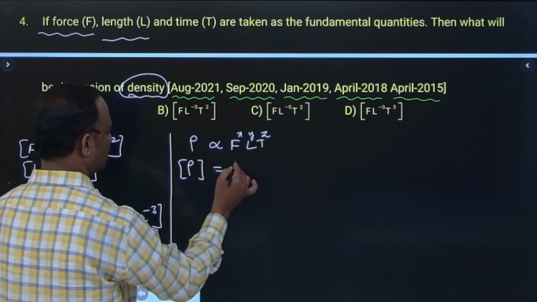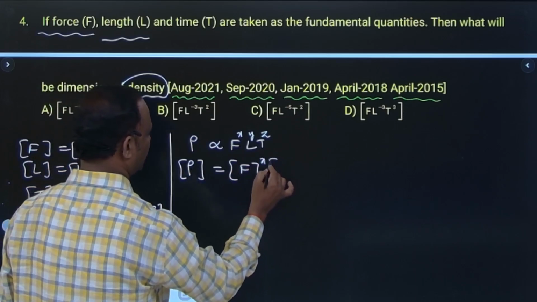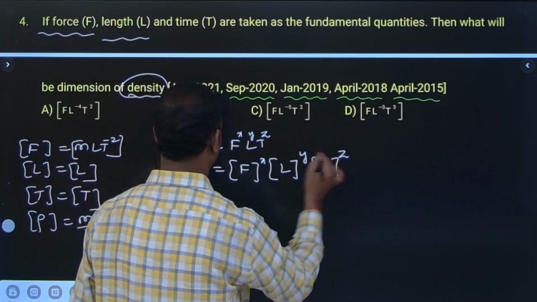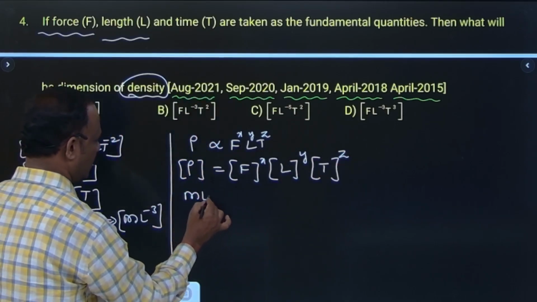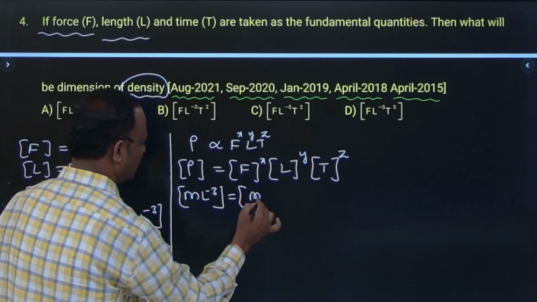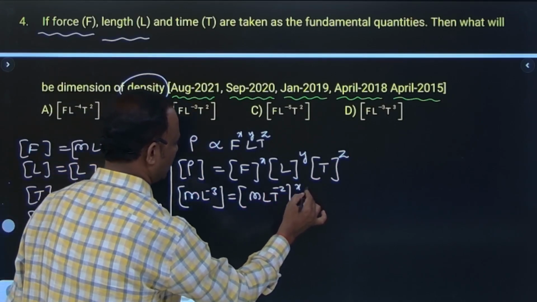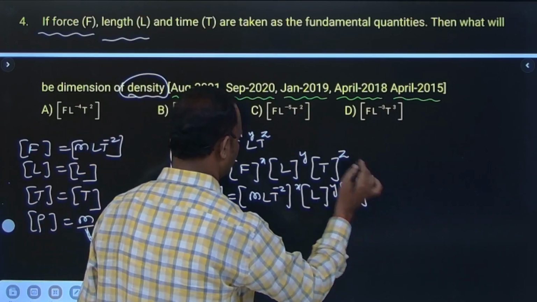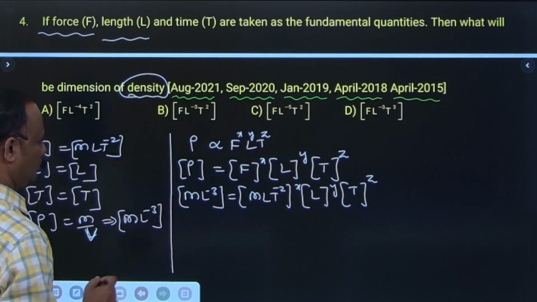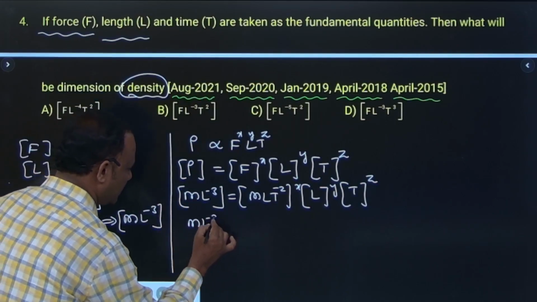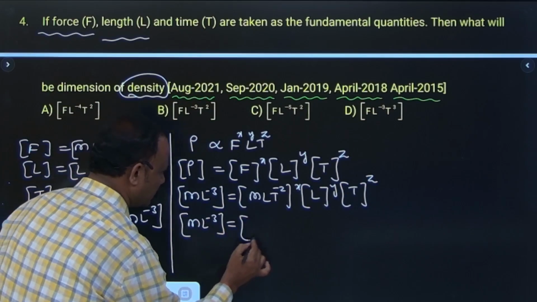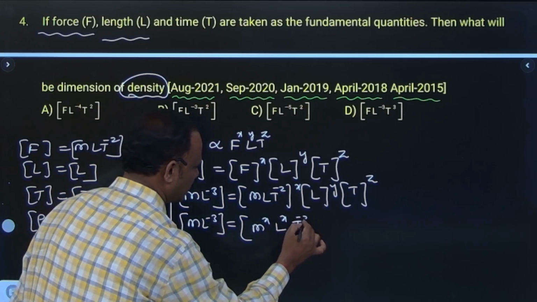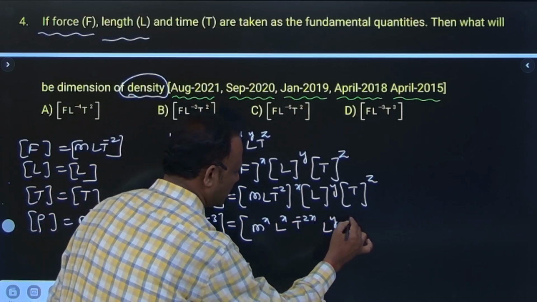Dimension formula of density is equal to that of F to the power X, L to the power Y, T to the power Z. Density is M L minus 3. Force is M L T minus 2, to the power X. Next, L to the power Y, and T to the power Z. So this is M, L power x, T power minus 2x, L power y, T power z.